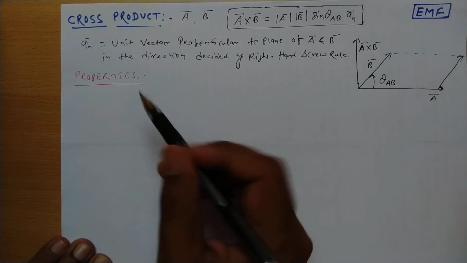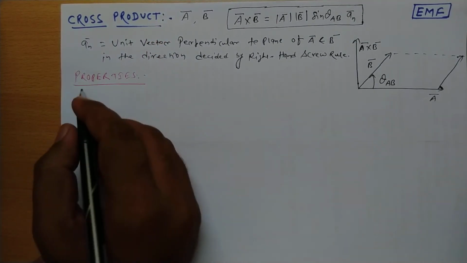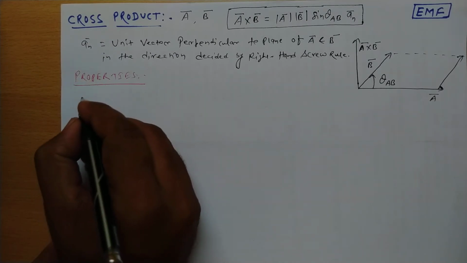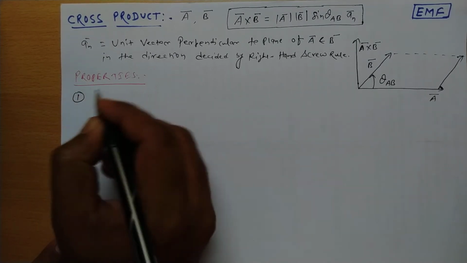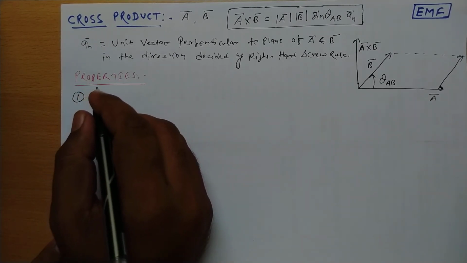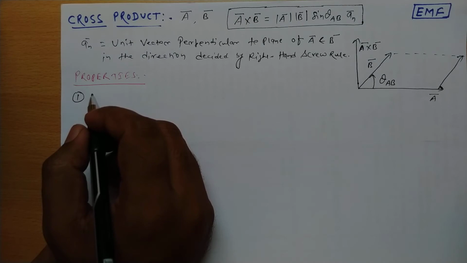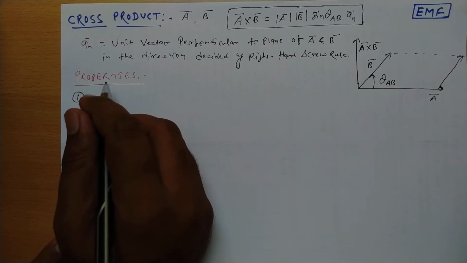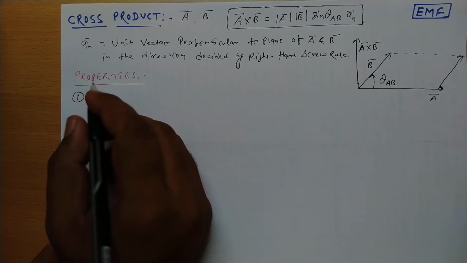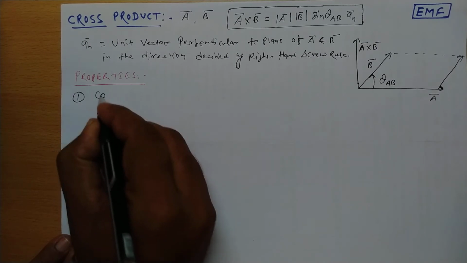So the first property is that this cross product does not obey the commutative law, or we can say the commutative law is not applicable for this cross product.